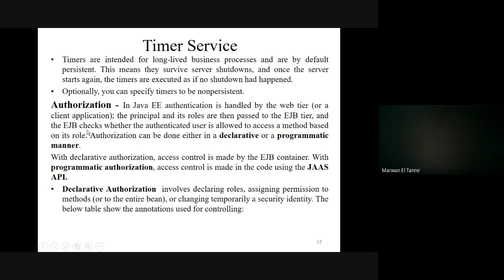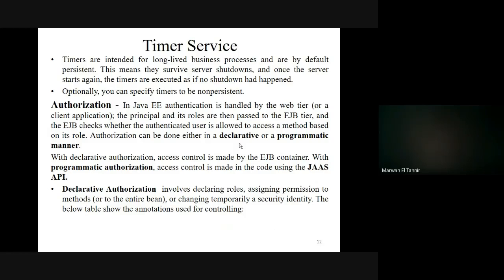And here now comes the authorization. So the authentication is done by the front tier, which is the web tier or the client tier, while authorization is done inside the middle tier, which is the Enterprise Java Beans. For example, we may create an Enterprise Java Bean and allow some users to use some methods and other users to use different methods.